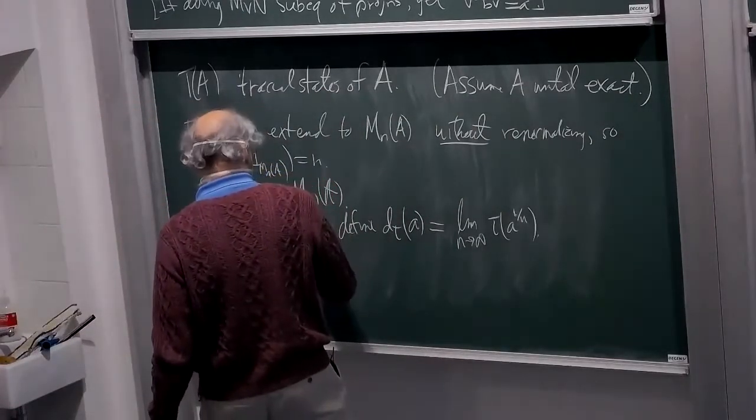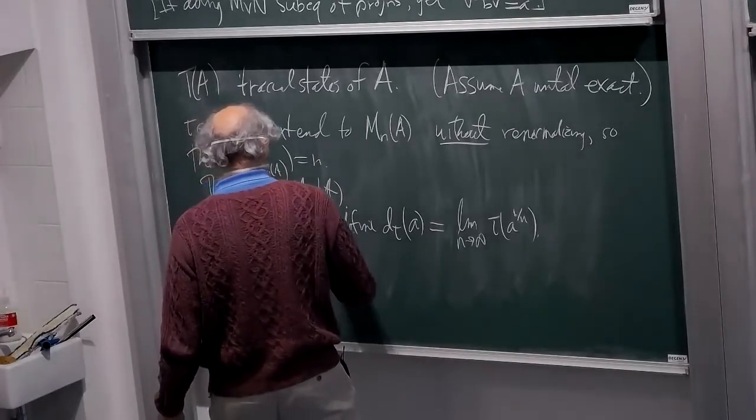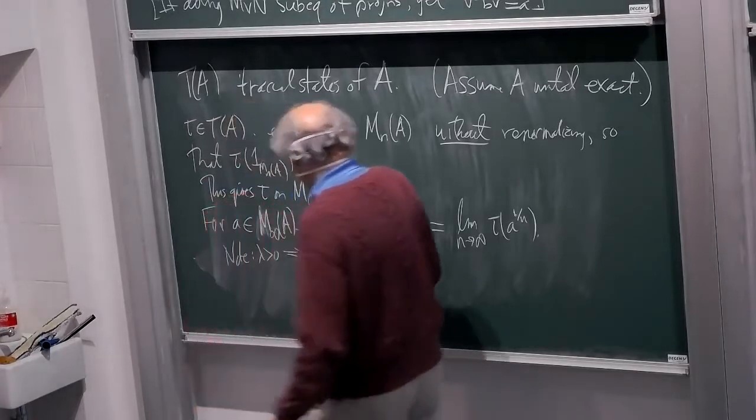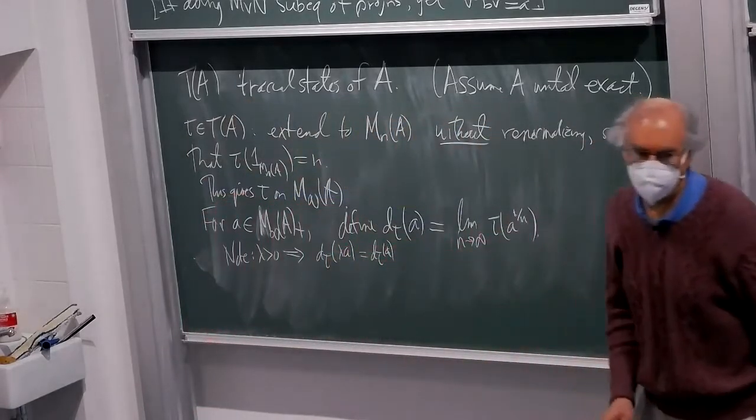Lambda bigger than 0 implies that d tau of lambda a equals d tau of a, since lambda to the 1 over n goes to 1.